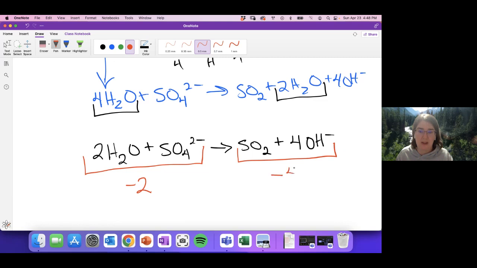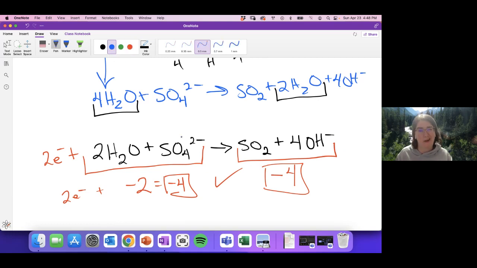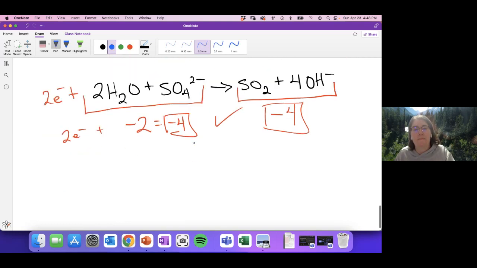So that's a grand total of -4. So in order to balance my electrons, I'm just going to add 2 electrons over here. So that way I have plus 2 electrons, so that this is also -4, and then they match like that. That's the way Alex does it. If you can't tell from the sound of my voice, I'm not a big fan of this.